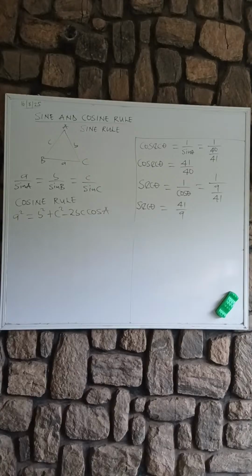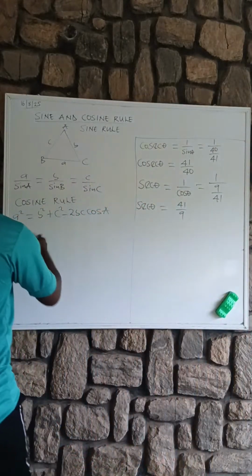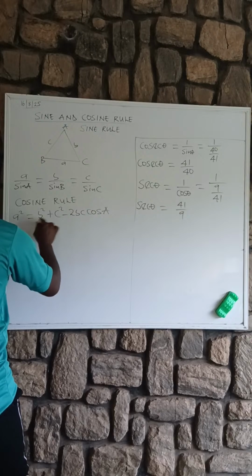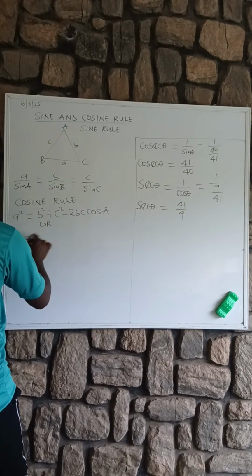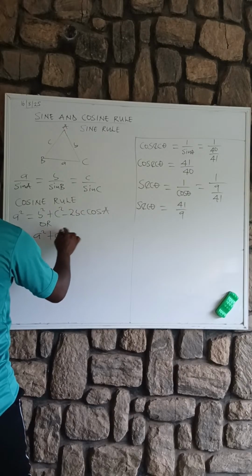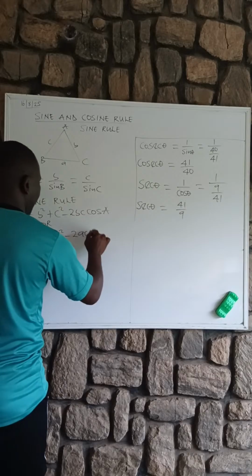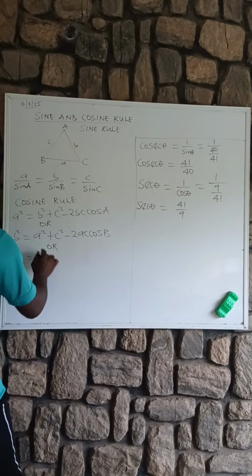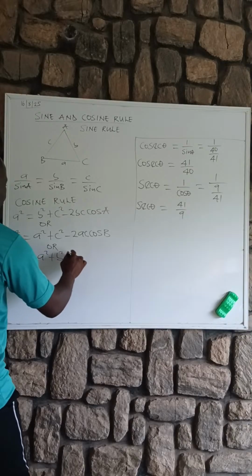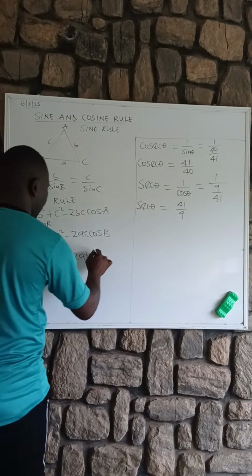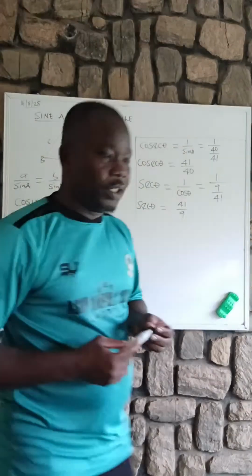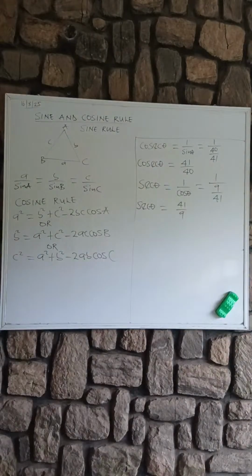Then if it is B, B squared is equal to A squared plus C squared minus 2AC cos B. Or small letter C squared is equal to A squared plus B squared minus 2AB cos C. So take note, it depends on what is given.